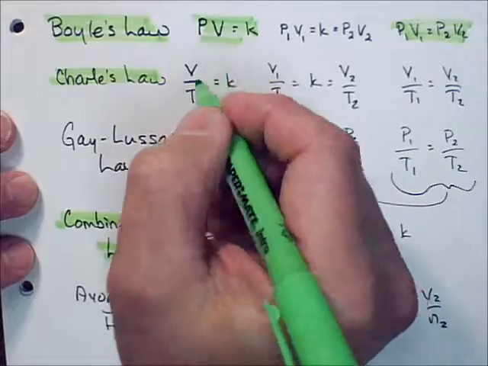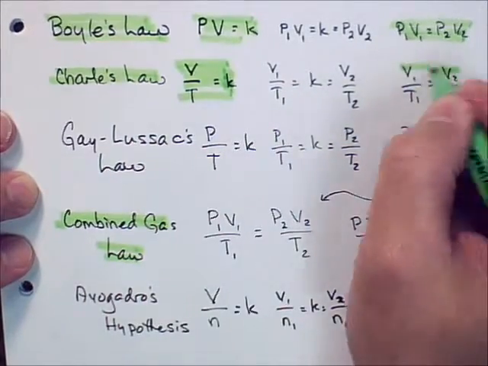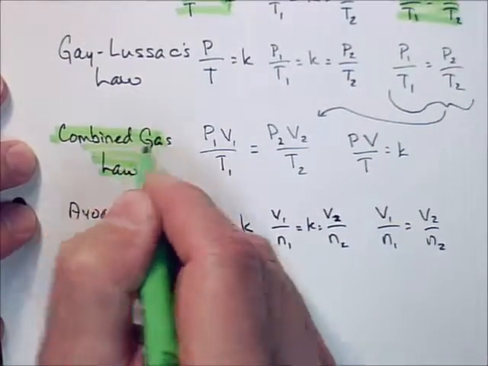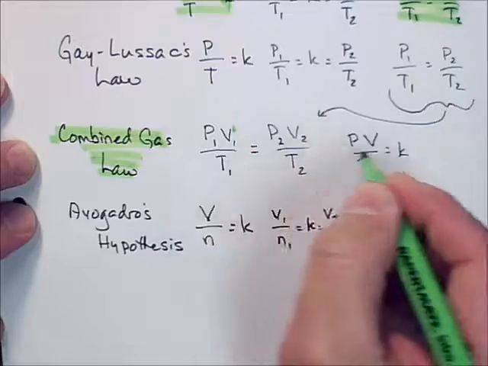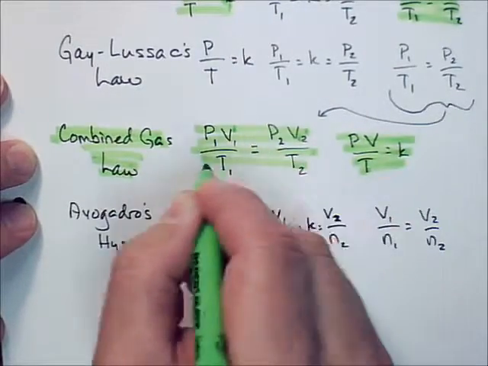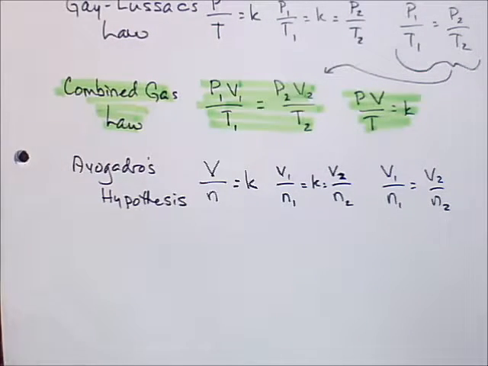You need to know that Charles's Law means this, and it means this. And that the combined gas law means this and this. Okay, you don't have to know Avogadro's hypothesis.